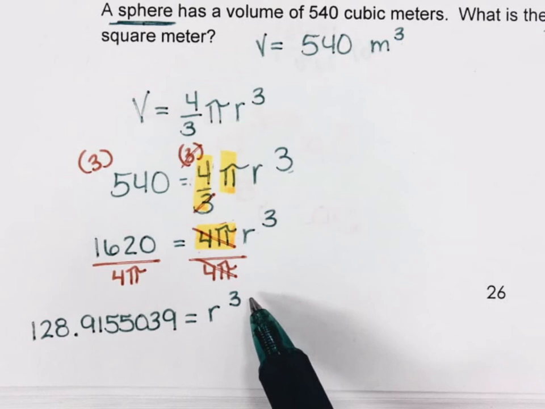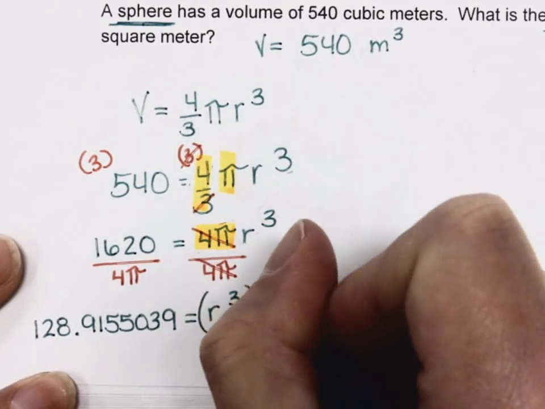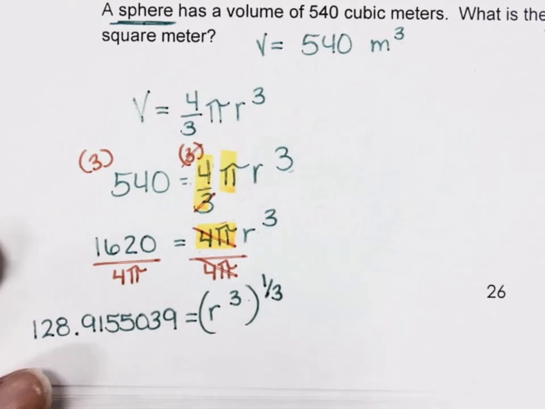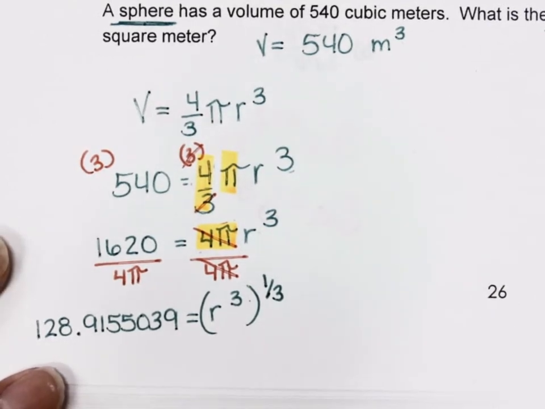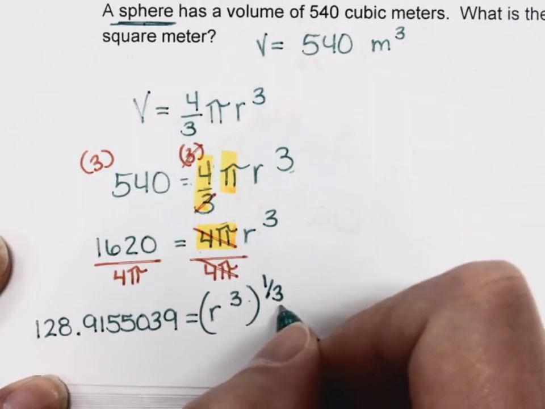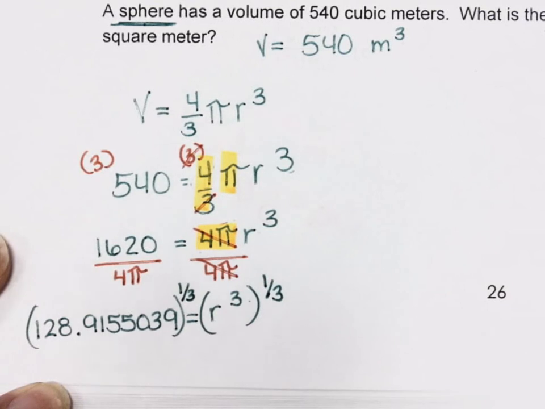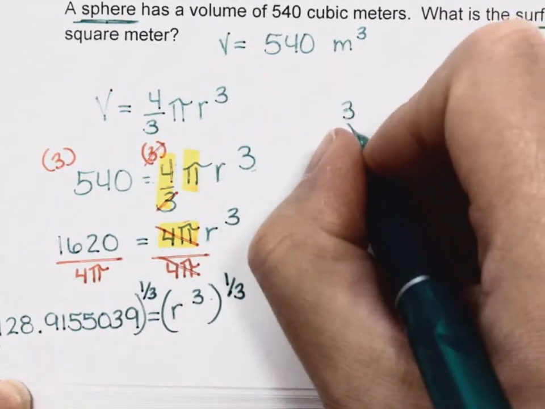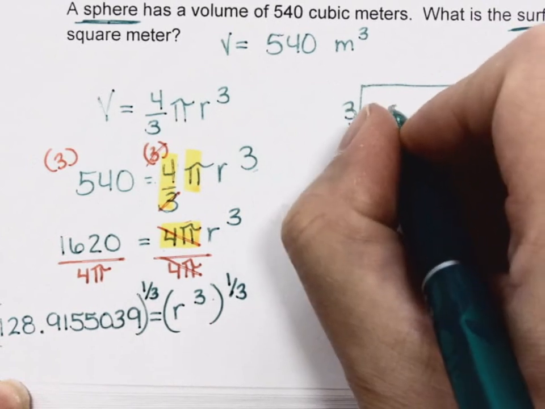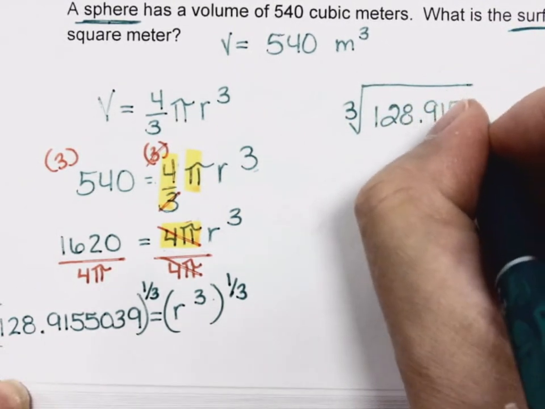So really, we need to put this to an exponent of 1/3. Because what's 1/3 times 3? 3 over 3, which is 1. So if I put this to an exponent of 1/3, I have to put that to an exponent of 1/3. What does that represent? That's a cube root, ladies and gentlemen. 5.0516700903.